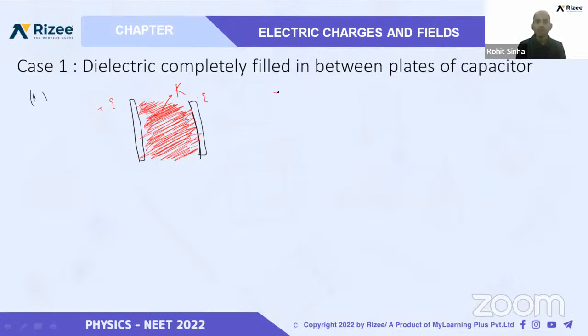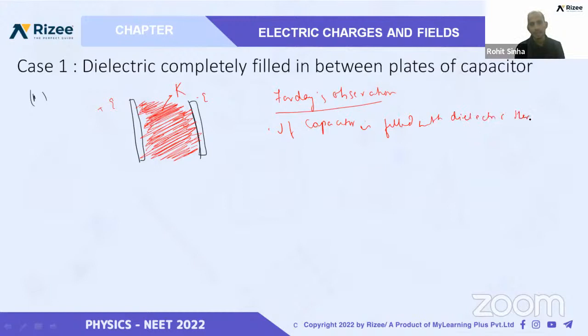This was given by Faraday, and we call it Faraday's observation. Faraday told that if a capacitor is filled with dielectric, then we replace epsilon naught by K epsilon naught.